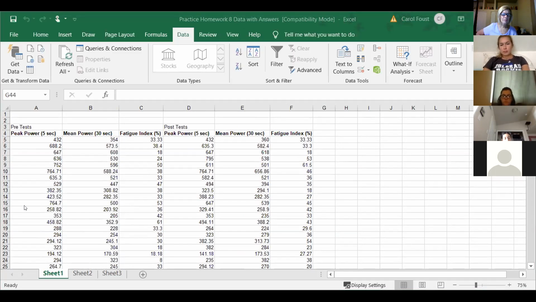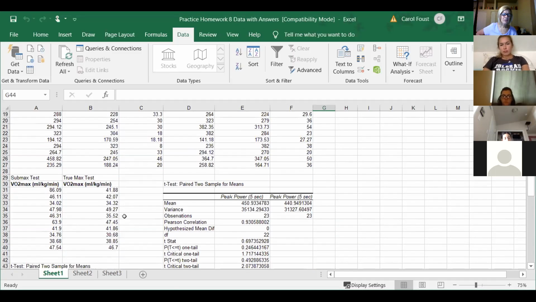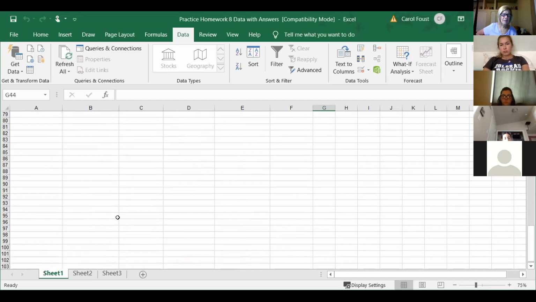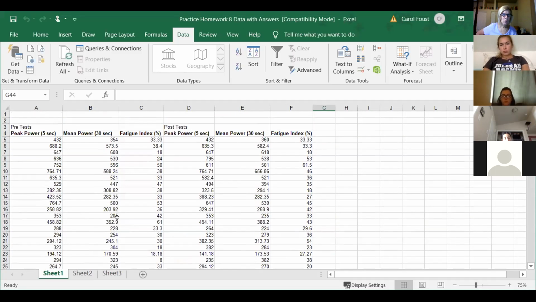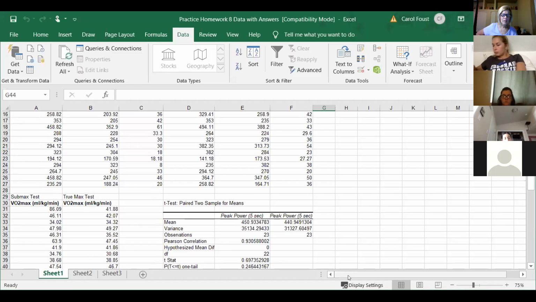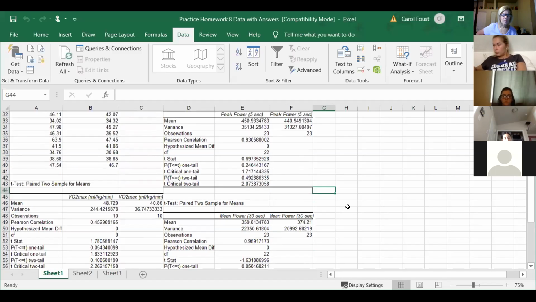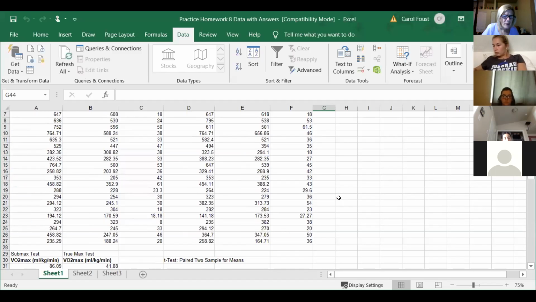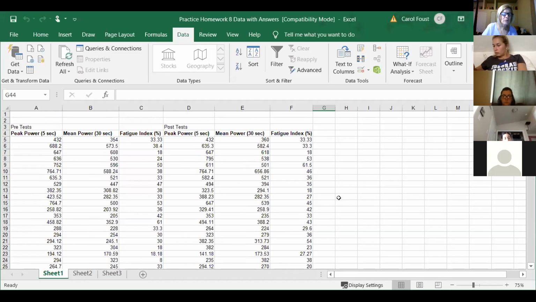Oh, I forgot, we were also going to do a correlation on this to see how correlated they were. I guess I didn't run that. Okay, so we could do a correlation on this also.